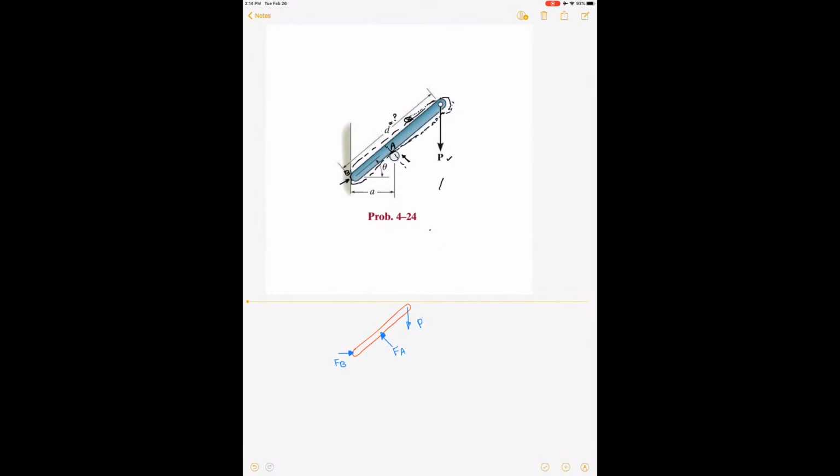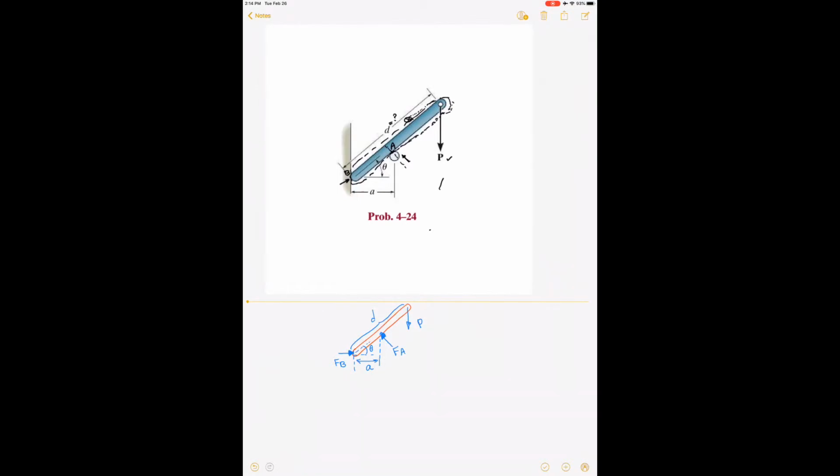So all I need to do is find these two unknowns that I have, FA and FB, in terms of P and this length D, and this parameter here is given, this distance A. So assuming that I have these things given, and this angle is theta, right?